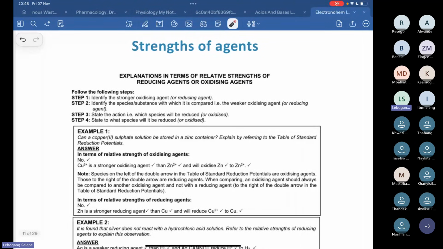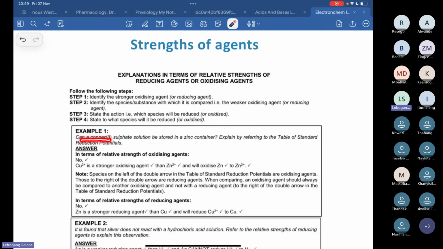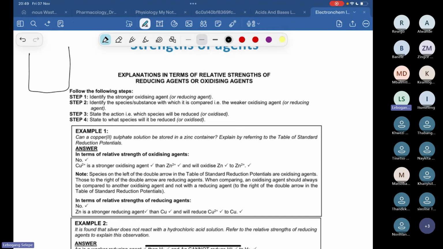They say: can a copper sulfate solution be stored in a zinc container? So look, we have a container here. It's a zinc container, zinc metal, and the solution in here is copper sulfate, CuSO4.